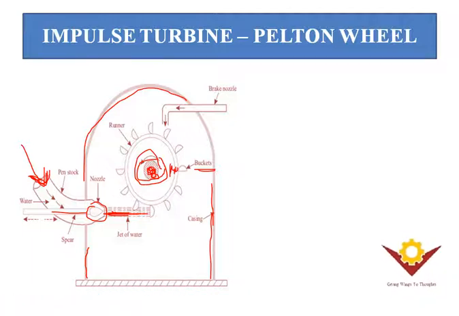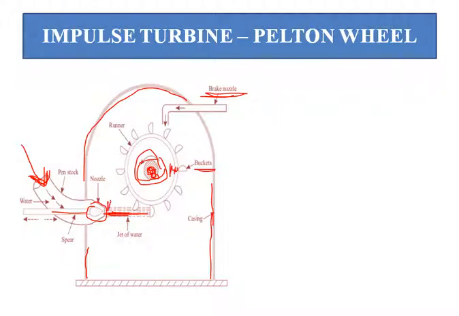So it acts like a safeguard to the Pelton wheel, and even for the humans who are working around that Pelton wheel. And the next one is this brake nozzle, which is used to stop the Pelton wheel rotation.